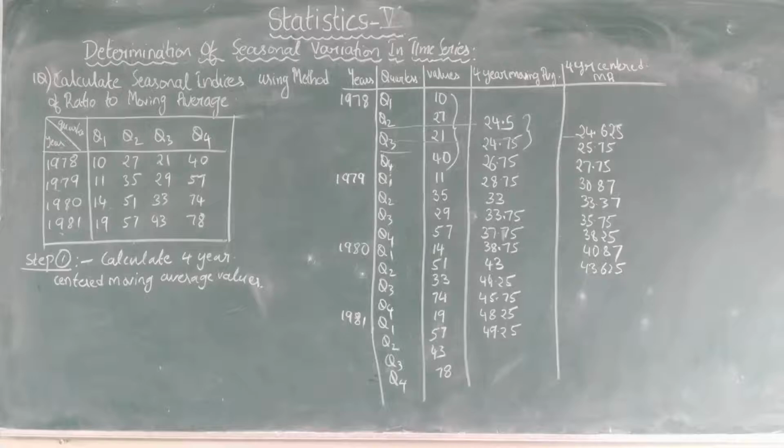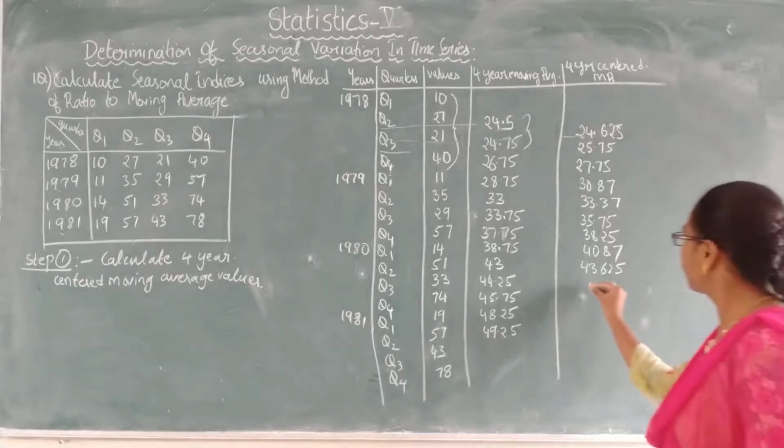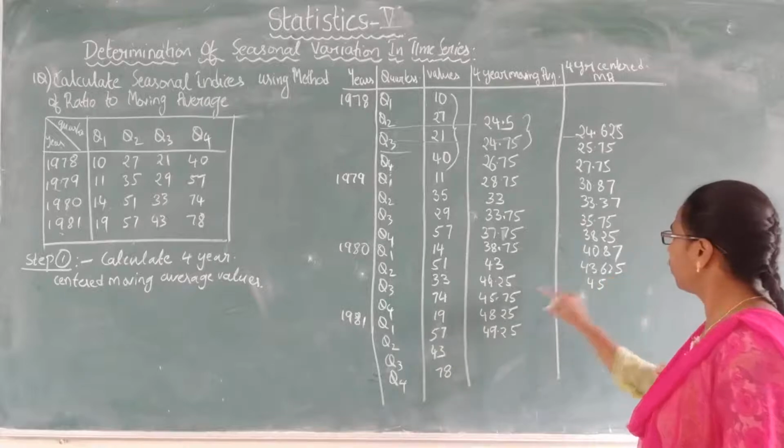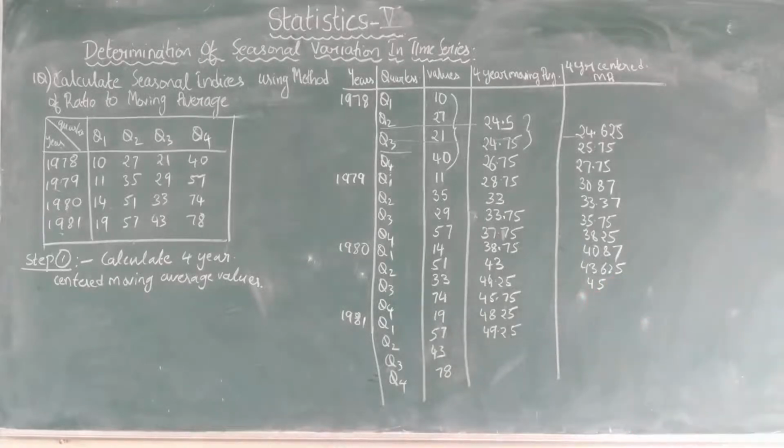Next is 44.25 plus 45.75, you will get 45. In between those 2 values, 45.75 plus 48.25 divided by 2, you will get 47.